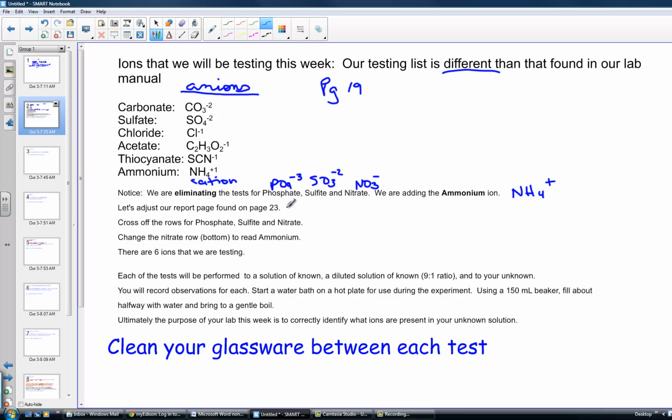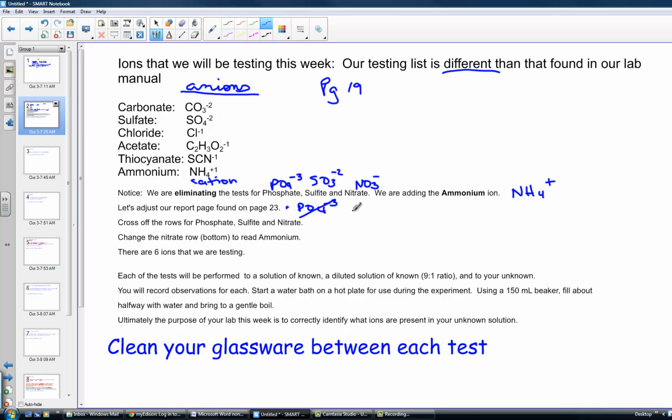So let's take a moment and adjust our report page. Please turn your lab manual to page 23. On page 23, this is the observation and report sheet. Notice that it's a column format. The ions are listed down in the first column. Carbonate, then sulfate, then I notice phosphate, PO4 minus 3, cross it off. PO4 minus 3 is being eliminated.